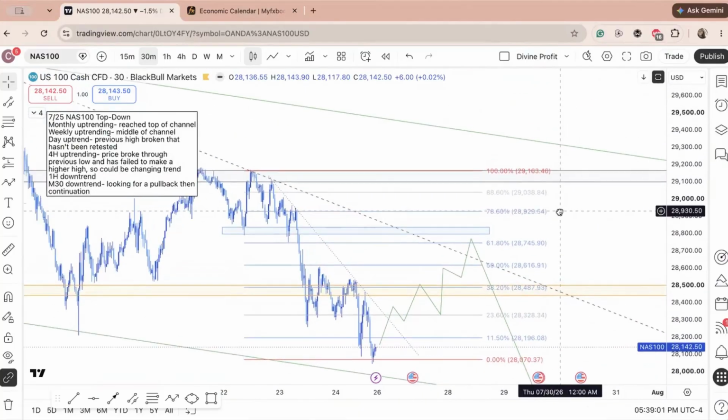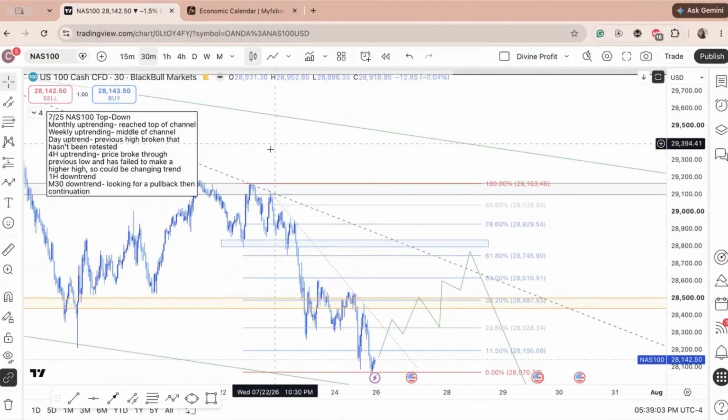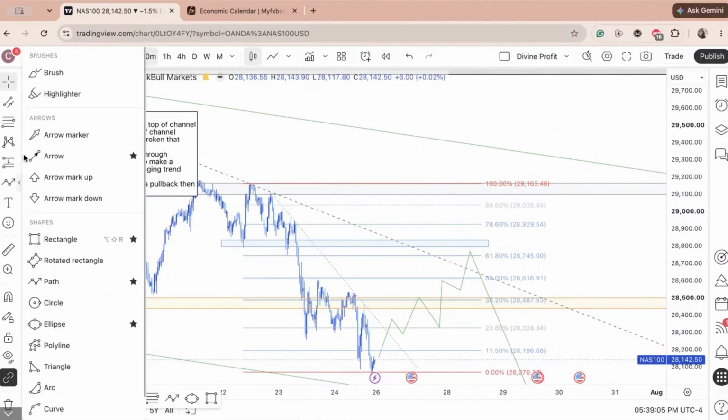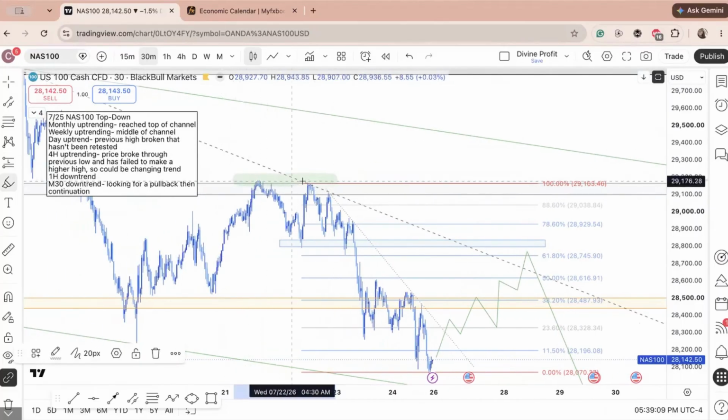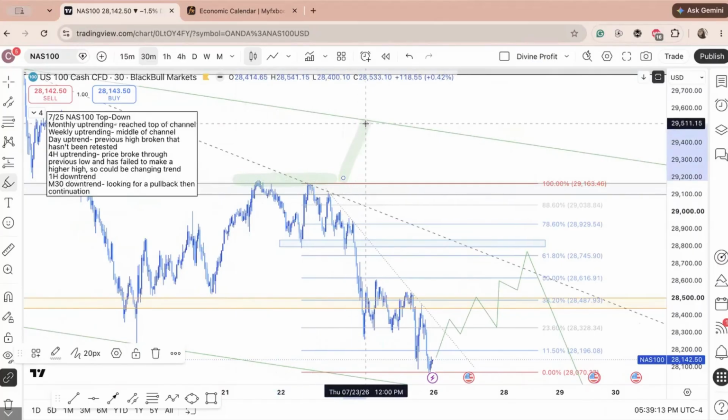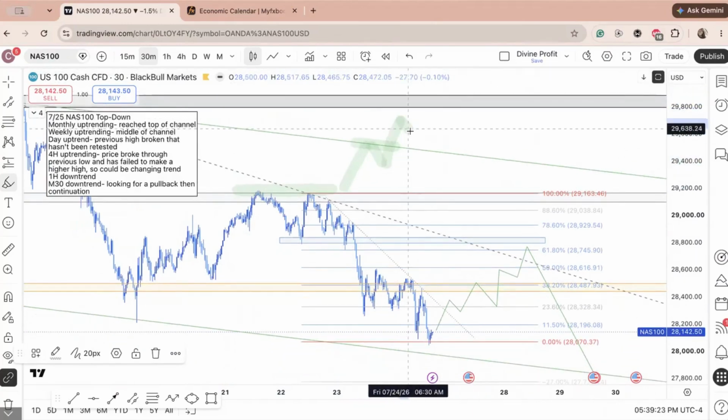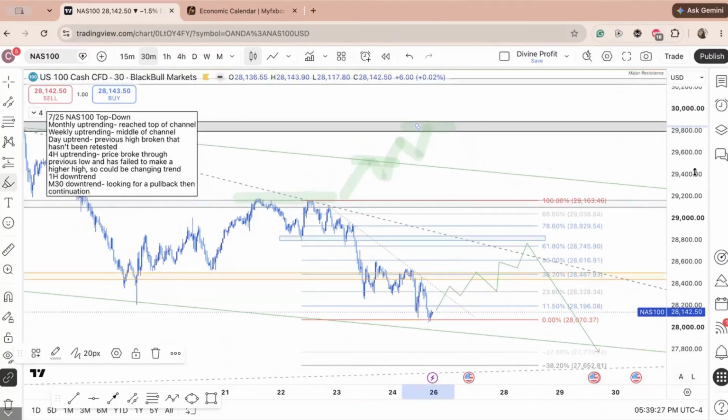What would make me stop looking for sales would be the break of this high that's here. If we see price break that high, I will look for buys to the top of this channel, then wait, because price could respect the channel and then move down. But if we see price break out of that channel to the upside, I'm just going to use my zones as stopping points, so I could see price going there.